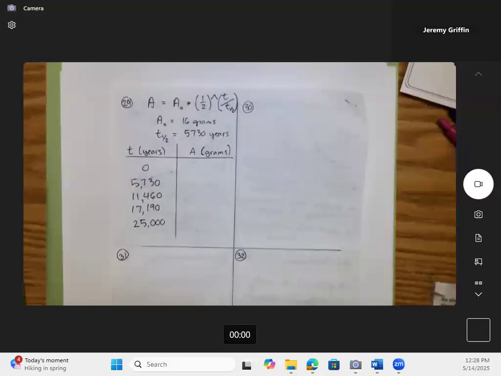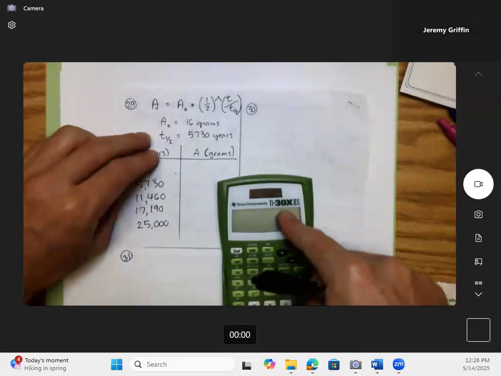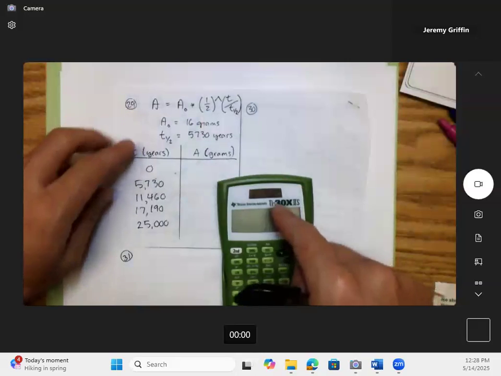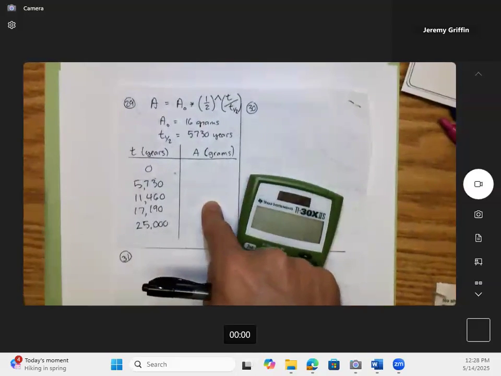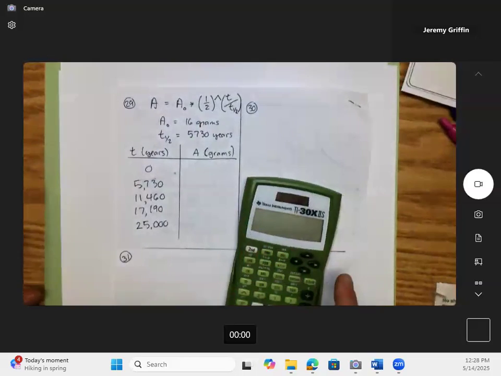Now I'm going to plug this expression into the calculator and plug in the known values for the half-life and the starting amount. The calculator should tell me how much radioactive material I have left after these times have passed.